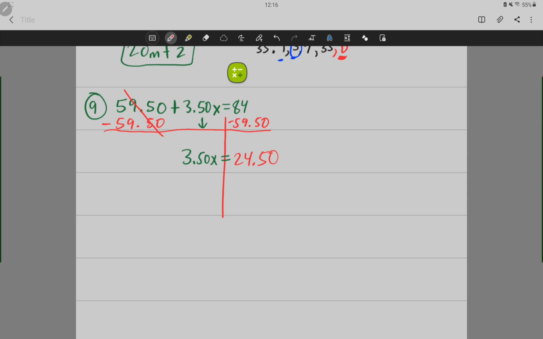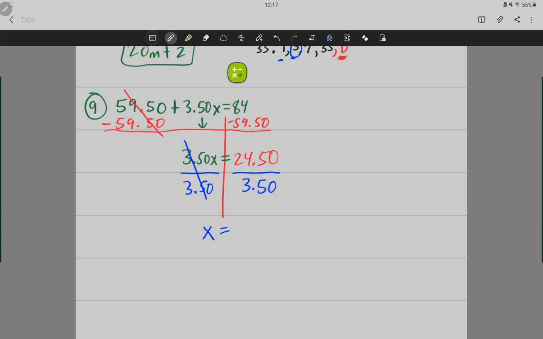And now what operation are we looking at? We see multiplication. It says 3.50x, which is 3.50 times x. The inverse or opposite of multiplying is dividing. So we divide both sides by that coefficient, that number in front of x, which is 3.50. 3.50 divided by itself is 1, so cancel.